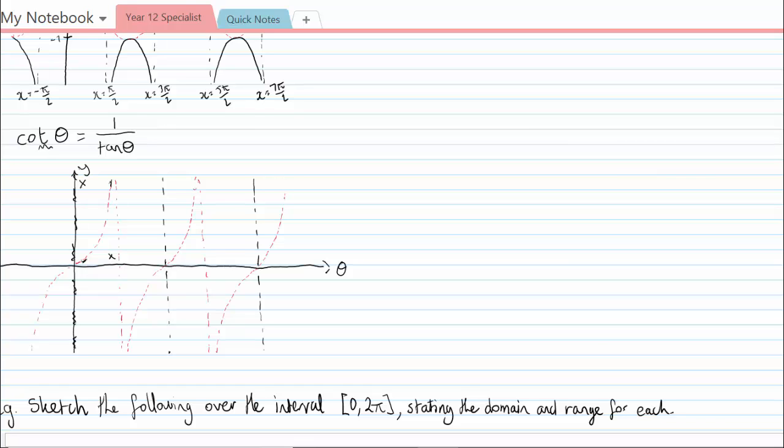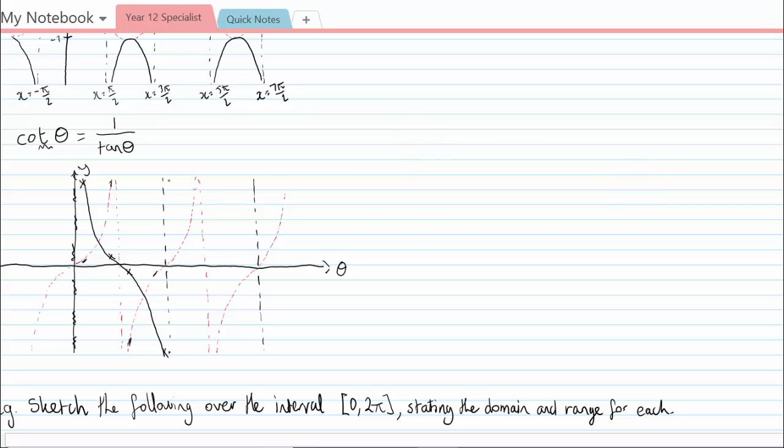And then if I consider down here somewhere, we've got 1 divided by a very large negative number, which will be a very small negative number. And over here, considering this section, well, 1 divided by a small negative number is going to be a large negative number. So the graph ends up looking basically like a reflection of the tan graph.